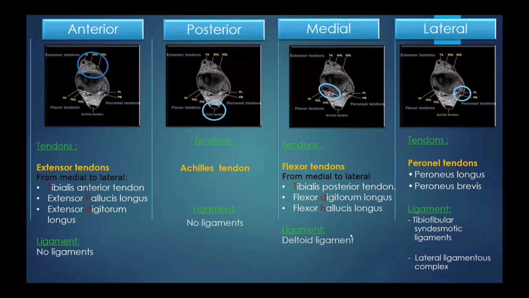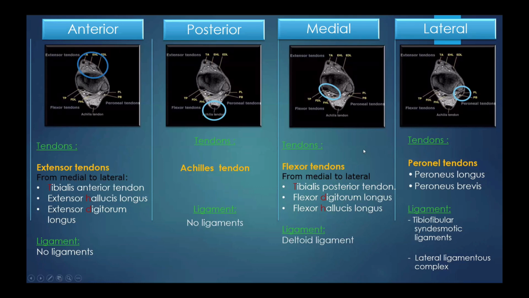I made this slide to facilitate analysis of each compartment and its content. Like in the anterior compartment, as we mentioned earlier, we have the extensor tendons, but we don't have ligaments. While in the posterior compartment also, we don't have ligament, and we got only tendons. So anterior and posterior compartment, we got only tendons and no ligaments.